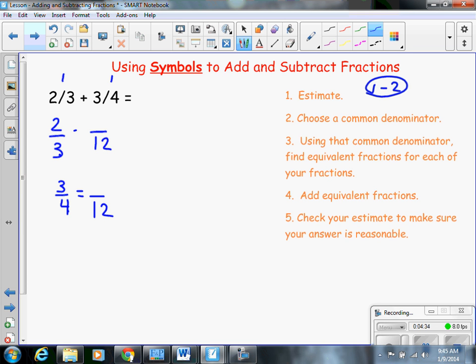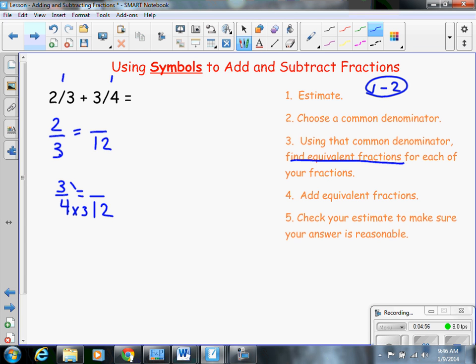Let's do my equal signs here. I'm going to use my common denominator of 12 to find equivalent fractions for each of my fractions I started with. So I do 4 times what equals 12? 4 times 3 equals 12.